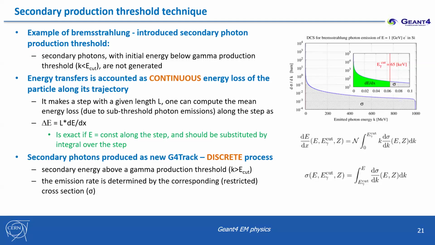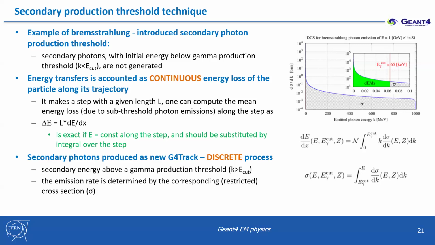One part, shown on the plot in green, is continuous energy loss. And the formula for that is shown below. dE/dx can be computed as an integral of energy from 0 to the production threshold of this energy transfer.